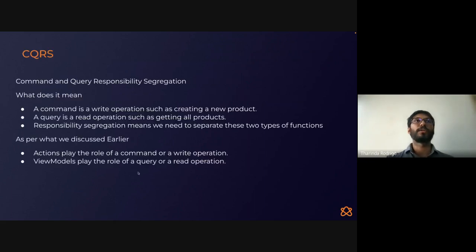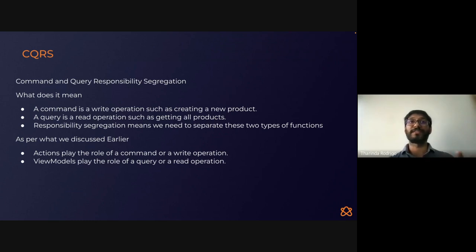So, CQRS. If you have heard this, if you are into microservices, you probably have heard this. CQRS is, as the meaning itself says, command and query responsibility segregation. So a command does an operation, basically a write operation on the database itself.